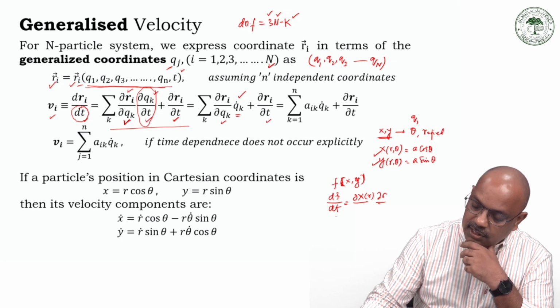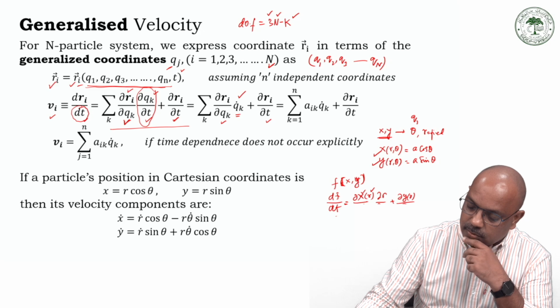So first x is depending upon r and r is depending upon t. Similarly, I have to have y depending upon r, and so this is going to be delta y by delta r, and delta r by delta t.